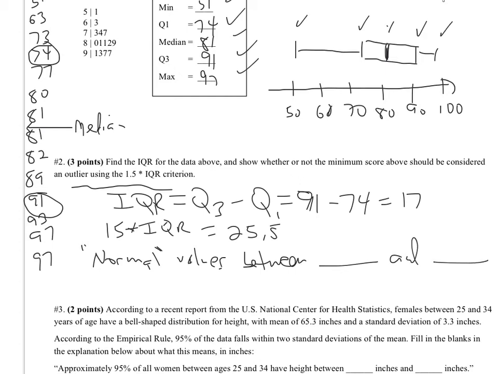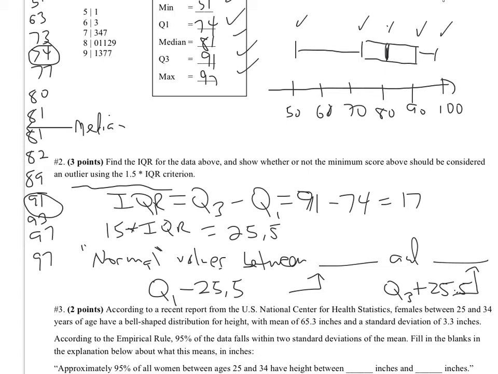And these blahs come from, the lower number comes from taking 25.5 below the first quartile, and the upper number comes from taking 25.5 above the third quartile. So that is adding and subtracting it to different numbers, which is different than what I told you in class, but this is the correct criterion.